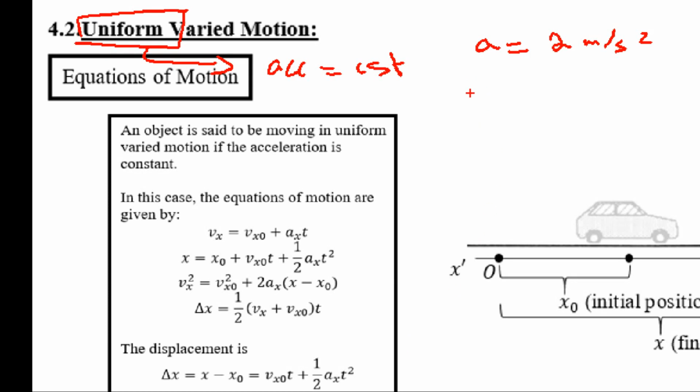However, if the acceleration is introduced as 2 multiplied by t, and t would be time, then in the first second, the acceleration would be 2 meters per second squared. In the second second, the acceleration would be 4 meters per second squared. In this case, the acceleration is not constant, it's varying. So this is not a good example of uniform varied motion.